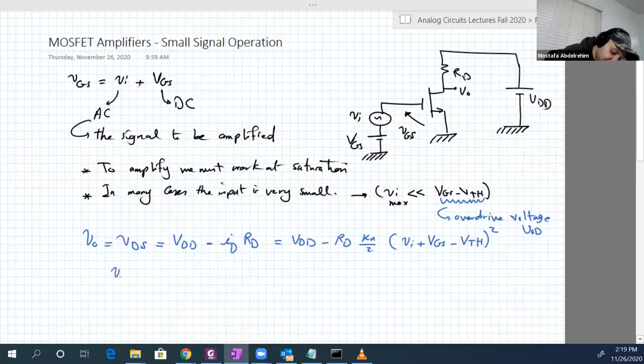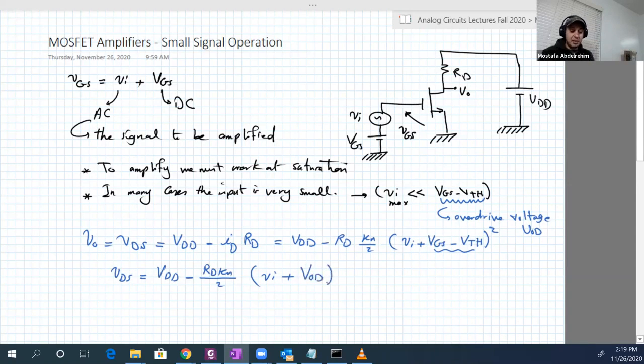So VDS is equal to VDD minus RD Kn over 2 times V input plus V overdrive. Overdrive is complete DC, so everything should be capitalized.